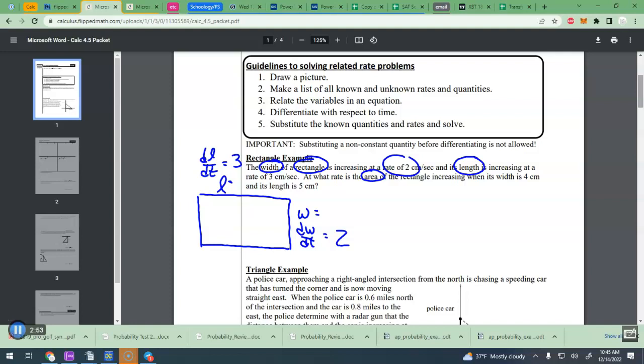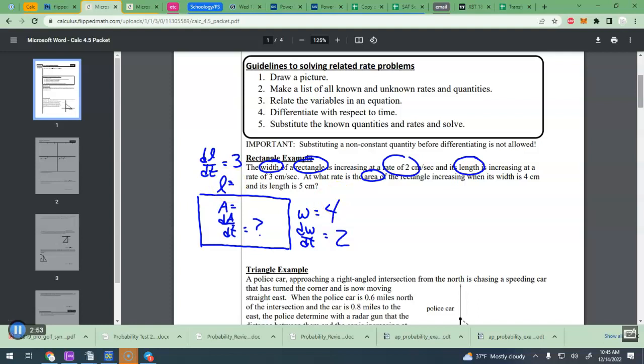Because I see area, I'll write down area and dA over dt. We probably don't need area itself. At what rate is the area increasing? So that's what I'm looking for. When the width is 4 and the length is 5.